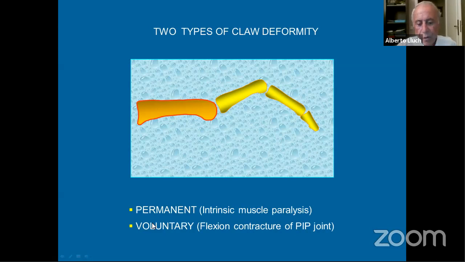And the other one is voluntary, so you have to be careful with this, which is a patient that has a flexion contracture of the PIP joint. In order to get all the fingers aligned in the same plane of the hand, he will hyperextend the MP joint. And this is just a voluntary claw deformity, but it's not a true claw deformity.